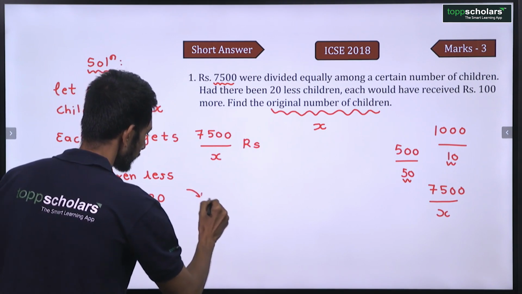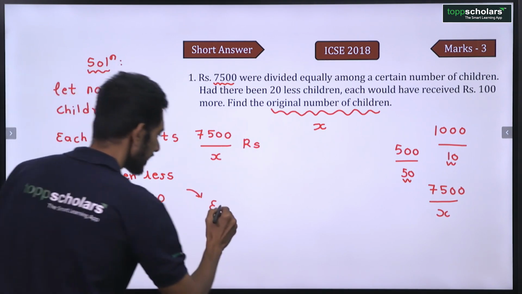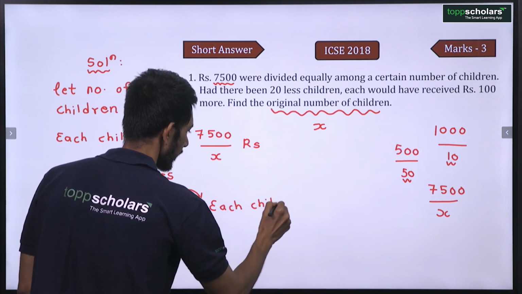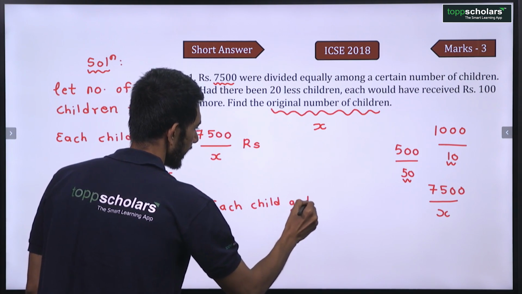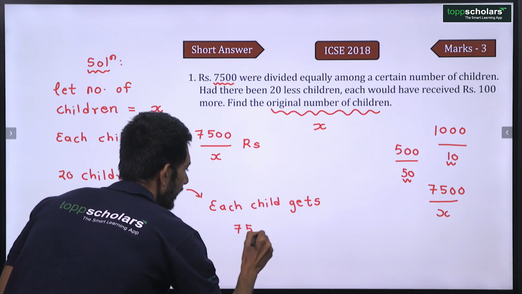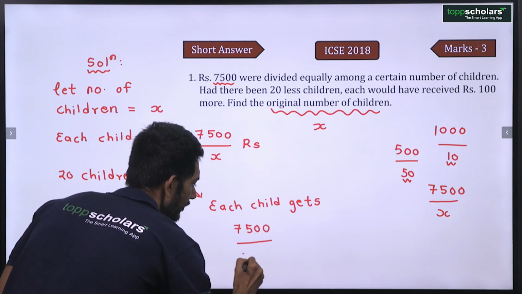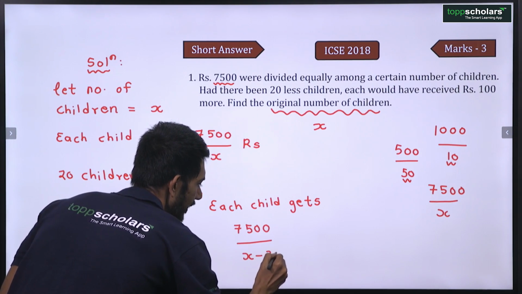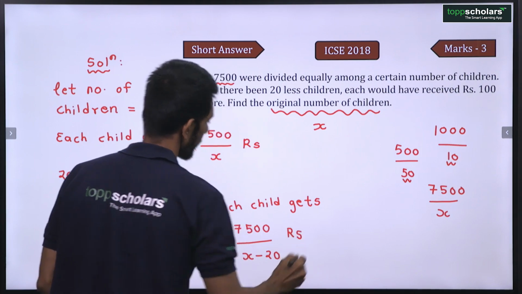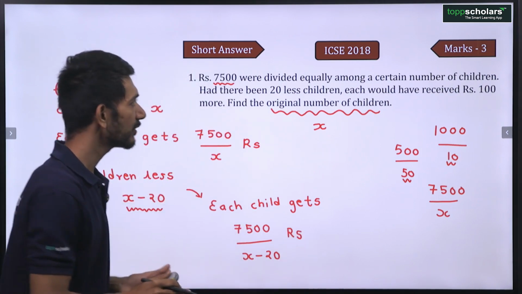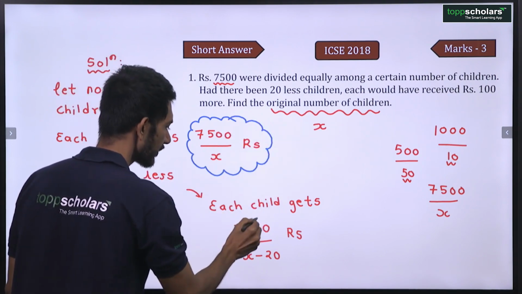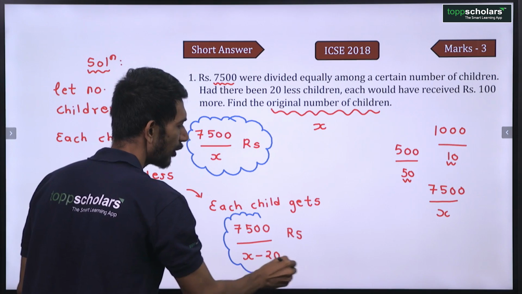Here in this condition, each child gets 7,500 by x minus 20. Now tell me one thing. This is 7,500 by x rupees. This is some rupees and this is also some rupees. How many we don't know.